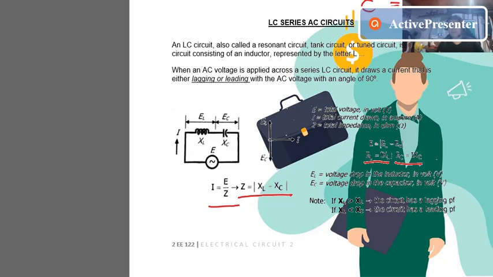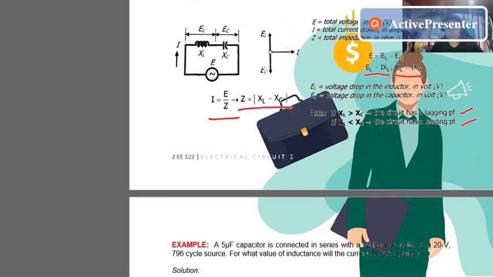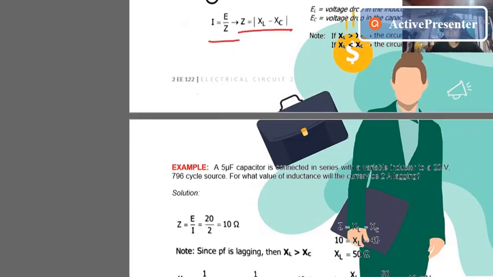So how do we know if it is lagging or leading? If the problem does not give it, we can know by checking if XL is greater than XC. Therefore, the circuit has a lagging power factor. If XL is less than XC, the circuit has a leading power factor. So, take note of that so you know how to determine if it is a lagging or leading power factor.